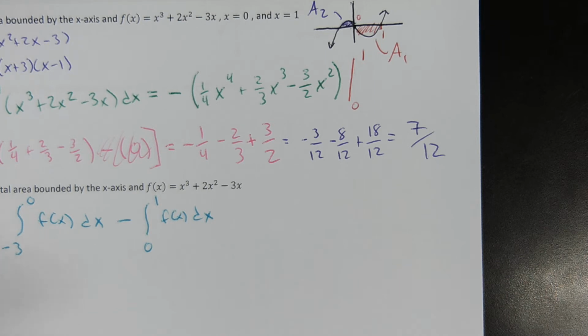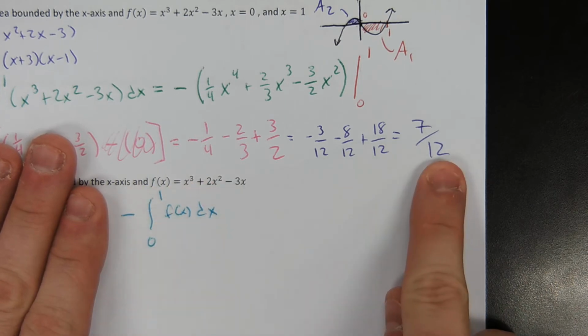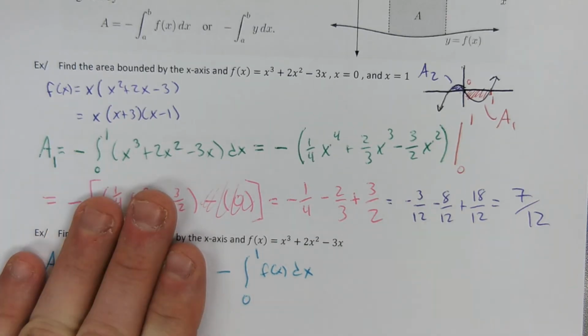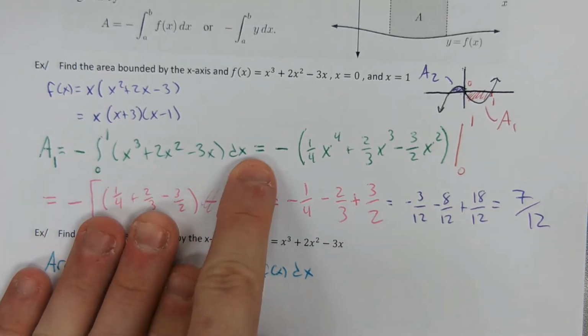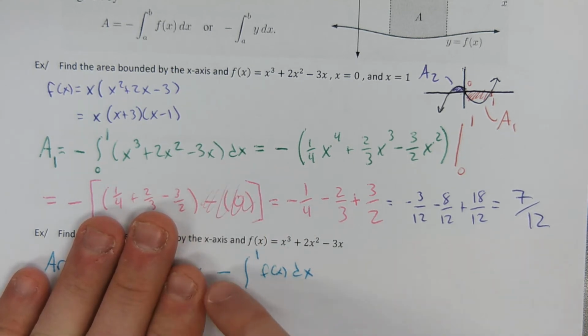Oh, so when you put out the negative, it'll actually be adding it. Because this actually has a value of positive 7/12. With the negative sign? With the negative sign, because look, there's the negative sign right there. Yeah, so this integral is this green integral. It ends up having a positive value because we put that negative sign in front of it.